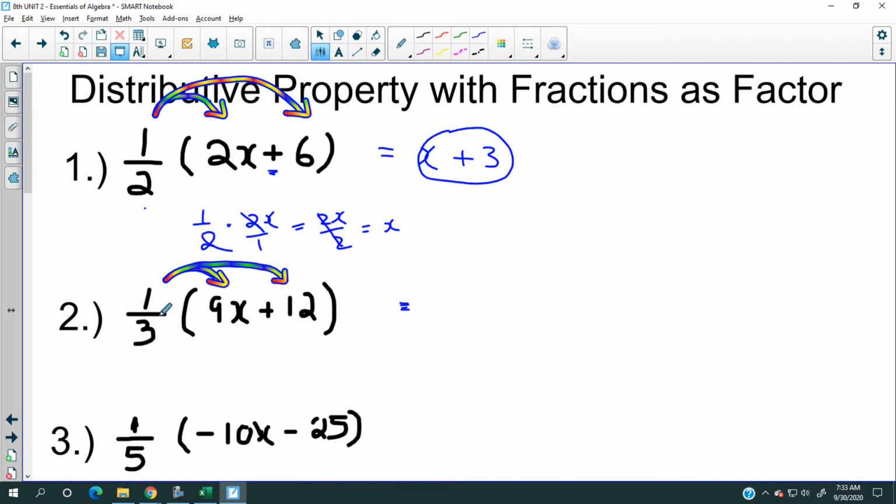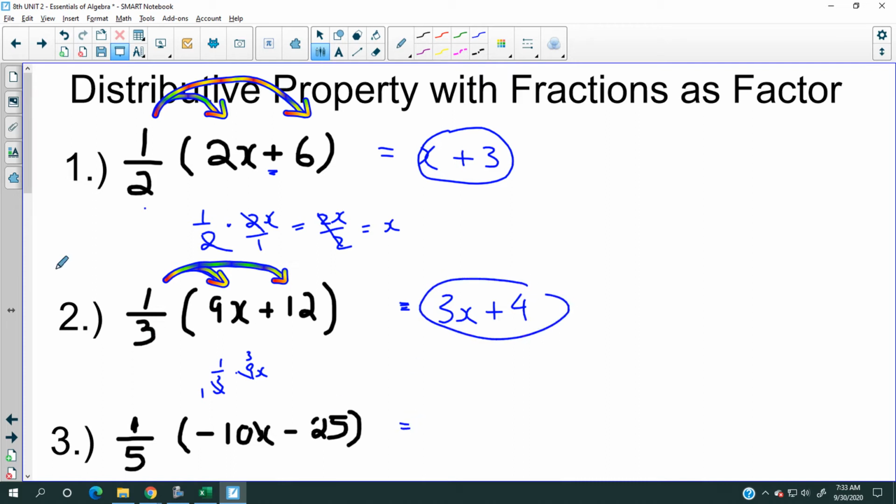Just saying. Now, 1/3 times 9x. You can cancel: 3 going into 3 once, 3 going into 9 3 times. 1 times 3x, 3x. 1/3 of positive 12 is what? Positive 4.